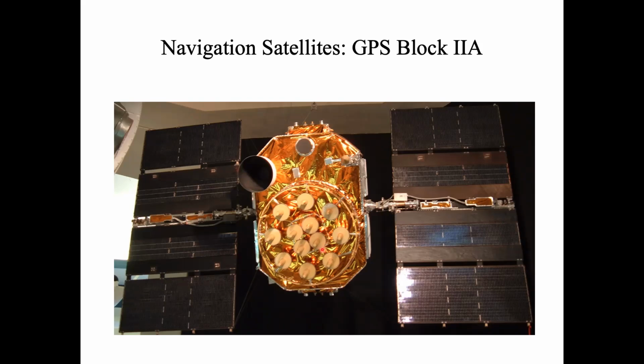Let me see if I have the pen, or no, I have the laser pointer. These satellites broadcast, let us say, I make it very simple, it's really not that way, but broadcast radio pulses through this set of antennas at frequencies in L-band, 1.2, 1.5 gigahertz, and they broadcast these radio pulses synchronously.